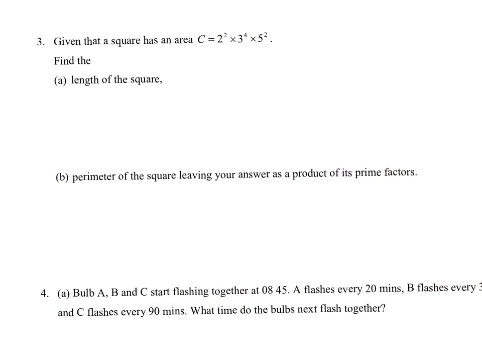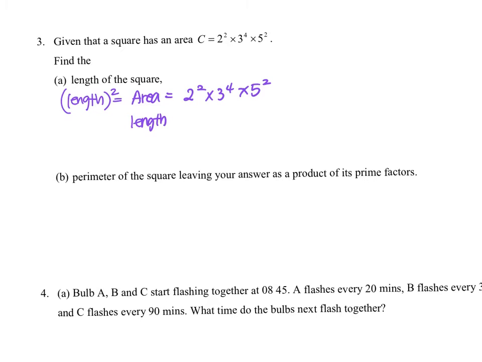Okay, question 3A. A square has an area. If it's a square, how do you find the area? Length times length, right? So area is given to be 2 squared, 3 to the power 4, 5 squared. Area is length times length, which is length squared. How to get rid of the square to find length?